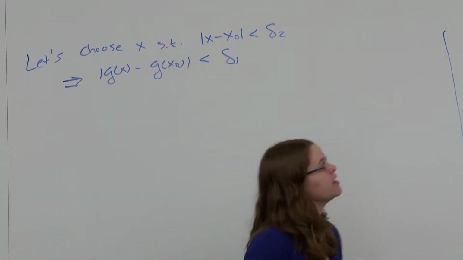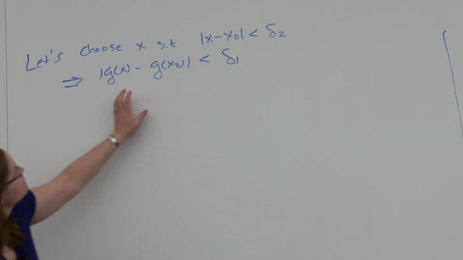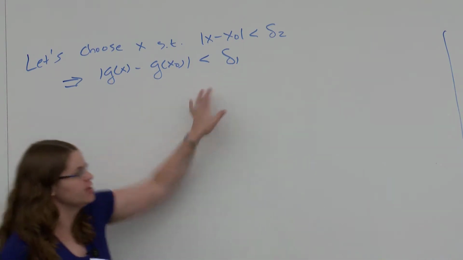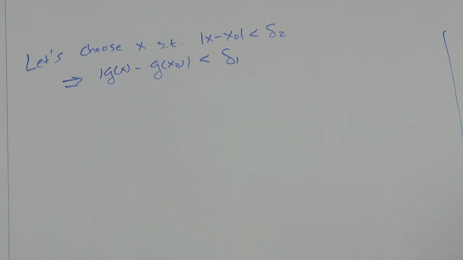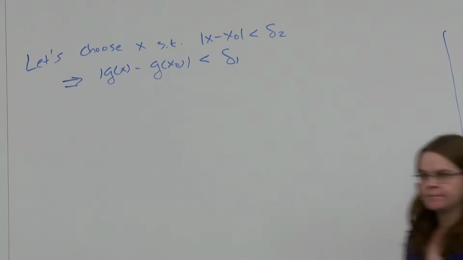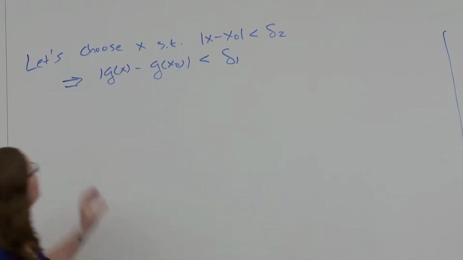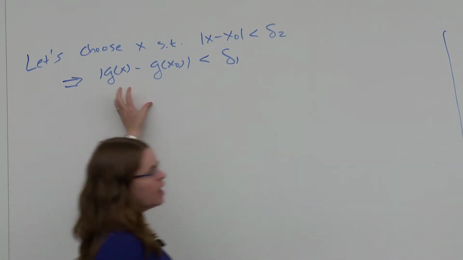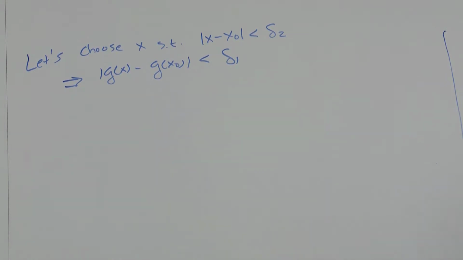Again, I can rename things. This condition here, g of x minus g of x naught less than delta 1, looks a whole lot like this condition here, right? Something minus g of x naught is less than delta 1. So as long as this is less than delta 1, I can let g of x play the role of t throughout this, right?